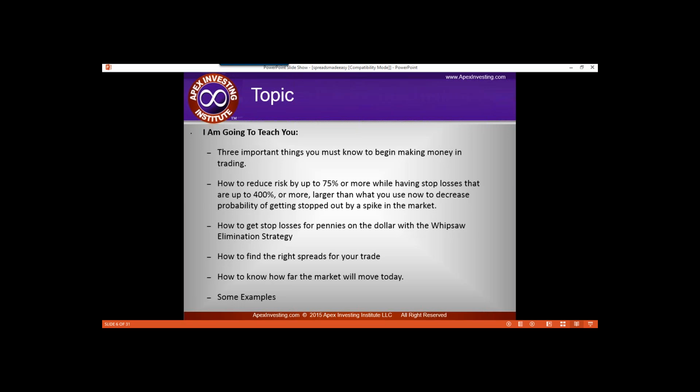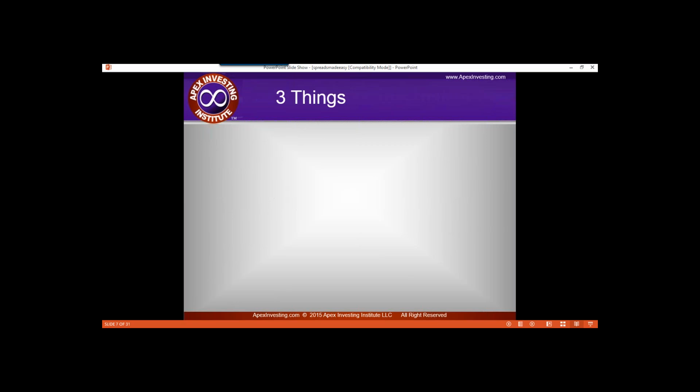But with spreads, we're going to show you how to reduce risk by up to 75% or more, while having stop losses that are up to 400% or more larger than what you might be used to trading now, and how that can protect you with spikes in the market, how to get stop losses for pennies on the dollar, how to find the right spread for your trade, and how to know how far the market may move today.